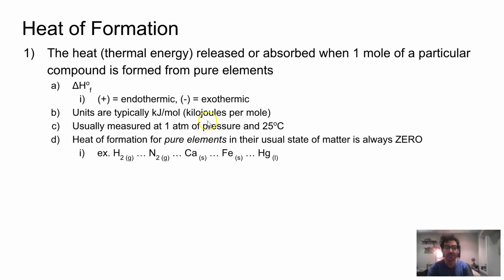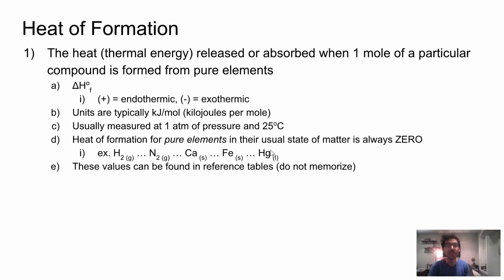If you see hydrogen gas, which likes to be H2, because hydrogen gets lonely, or nitrogen gas, that's the state these elements are found in at 1 atmosphere and 25 degrees Celsius. Mercury is generally a liquid, and iron is usually a solid. So these would all have delta H's of formation of 0. These values you can usually look up in a table. I would never memorize these, ever.